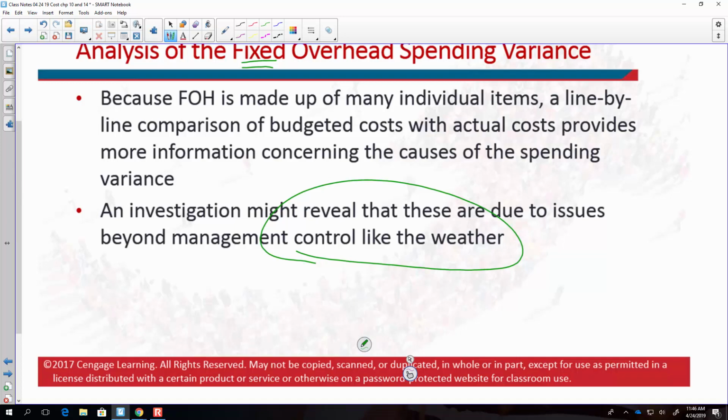How could weather create a variance? So it's here, the variance might reveal something beyond the control of management, like the weather. Power outage? Yep.